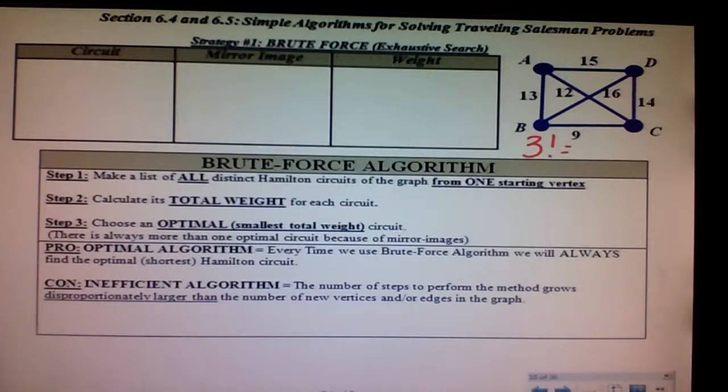So 3 factorial is 3 times 2 times 1, which is 6. So you should have to list 6 Hamilton circuits for this one.